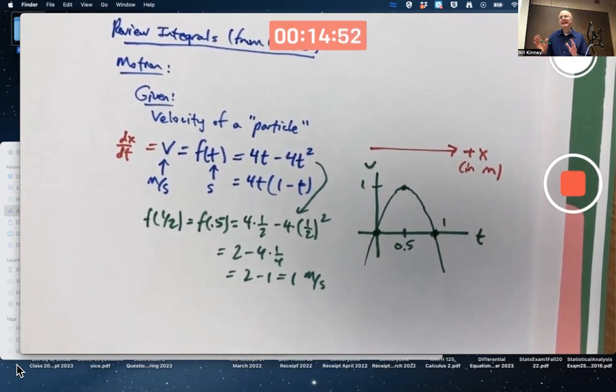Now, the idea of instantaneous velocity is a bit confusing. We tried to dispel that a bit in Calc 1. That was a big thing in Calc 1. It's a limit of average velocities.